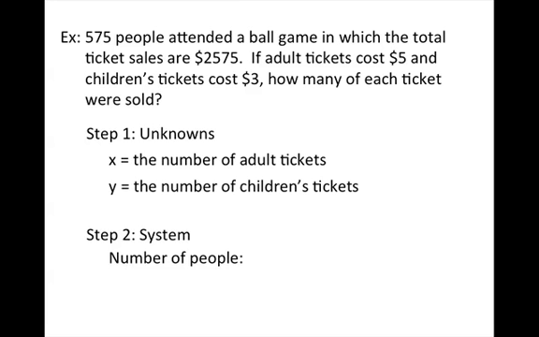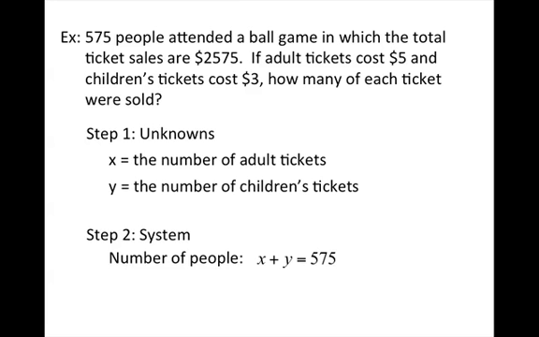Well, if each person attending has a ticket, that means 575 tickets were sold. Well, if X is the number of adult tickets sold and Y is the number of children's tickets sold, if I add these, it should equal 575. So my first equation is X plus Y equals 575.